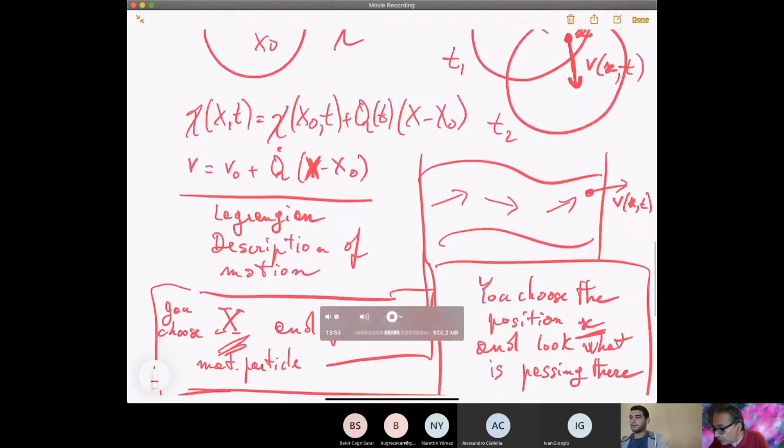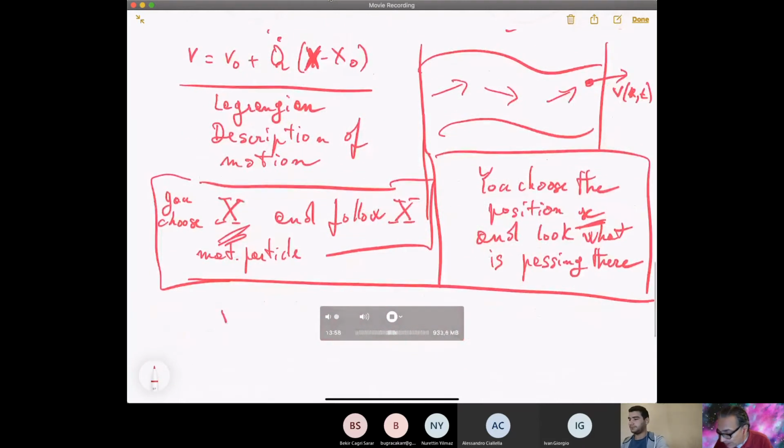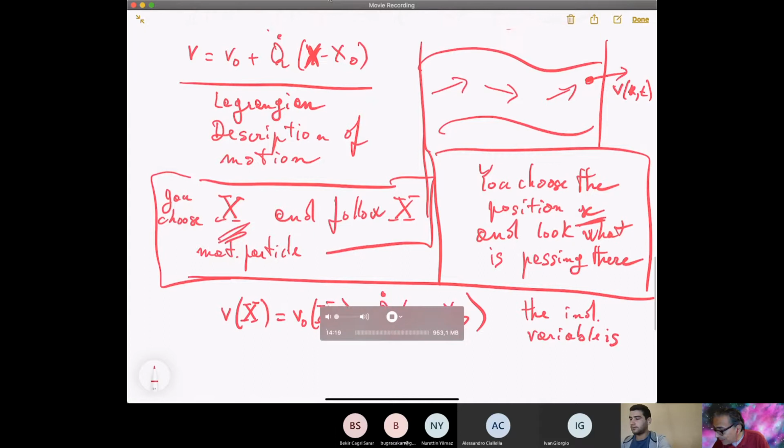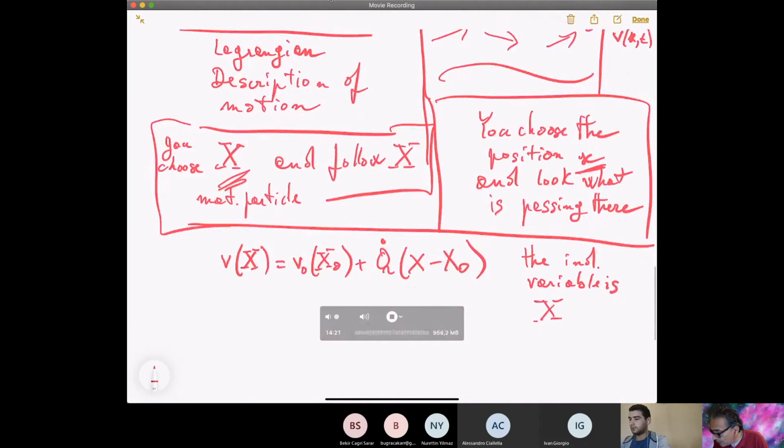So we want to write, so this V is V of capital X equal V of capital X0 plus Q dot of (X minus X0). And the independent variable is capital X. So we are Lagrangian. Okay.